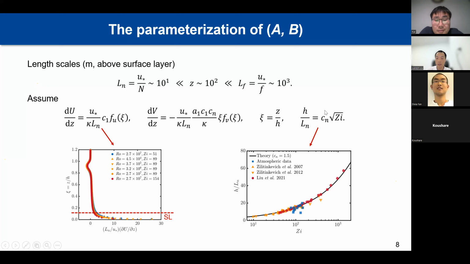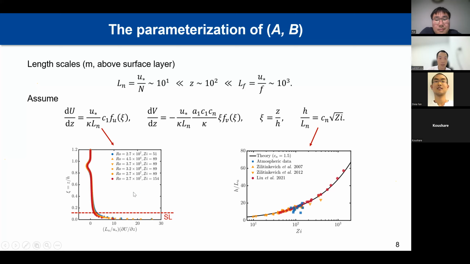So this means the boundary layer height can be parameterized very well. And the left figure confirms the assumption because it shows the normalized velocity gradient, and it shows clearly that all different cases match well above the surface layer.